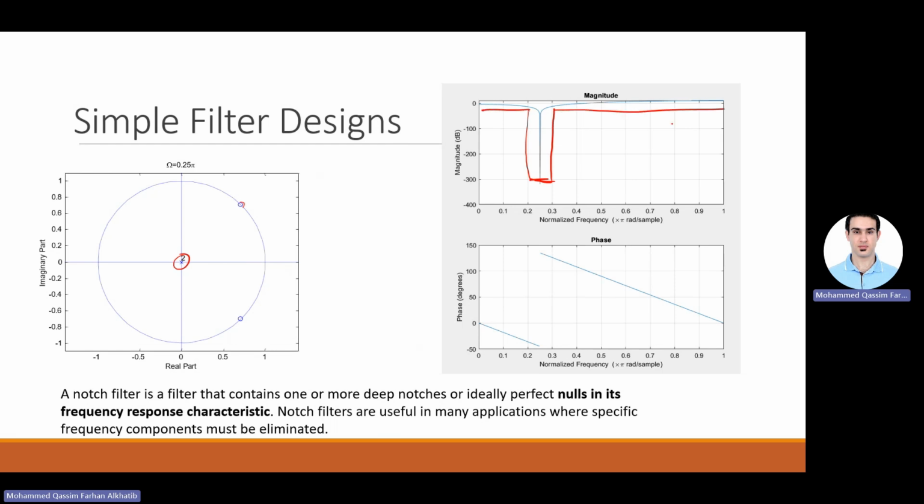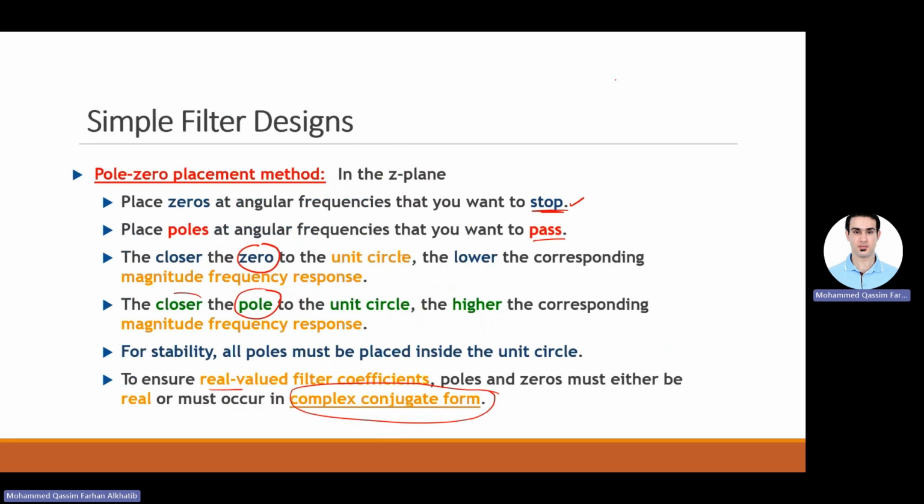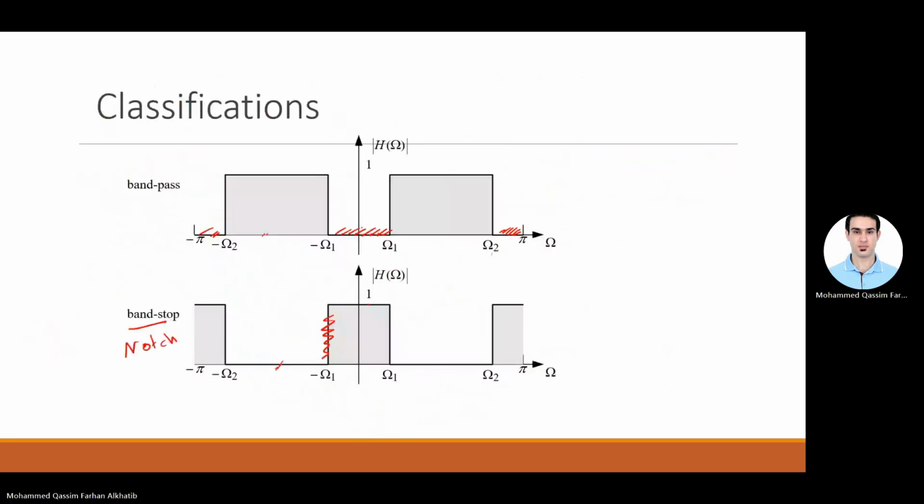Again, this one is representing only the positive half of the frequency response. So I'm representing in the graph there in MATLAB, I'm showing only this half. Notice there that we have this spike, that is the zero. And I have these responses.